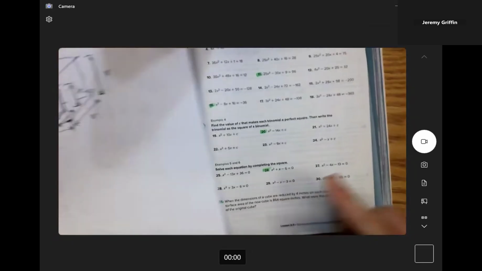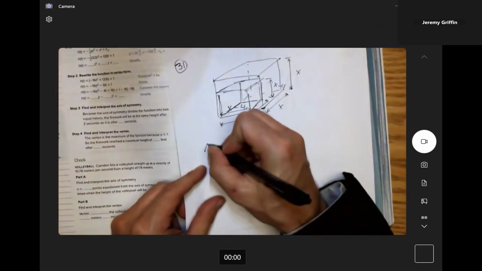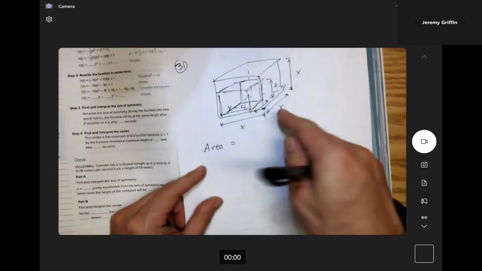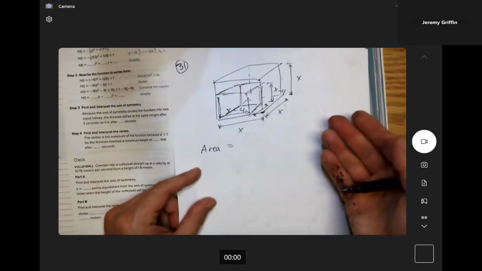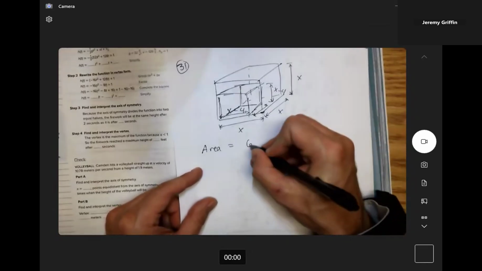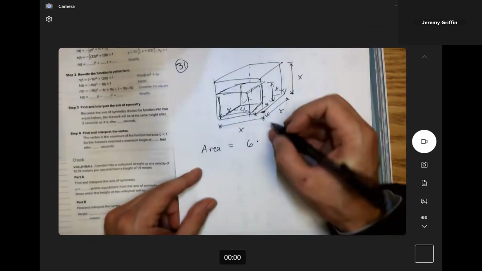Now the surface area of the new cube is 864 square inches. I know the surface area of a cube is one face multiplied by 6, because there are 6 faces. Like a die, there's 6 faces, right? So it'd be 6 times a face squared.